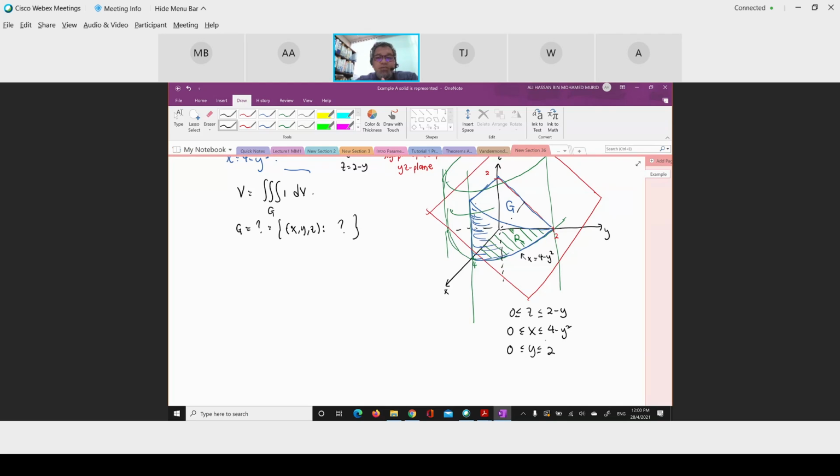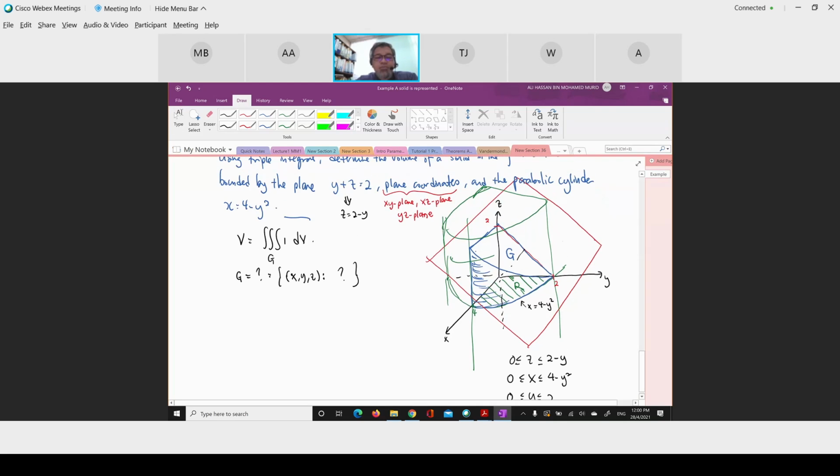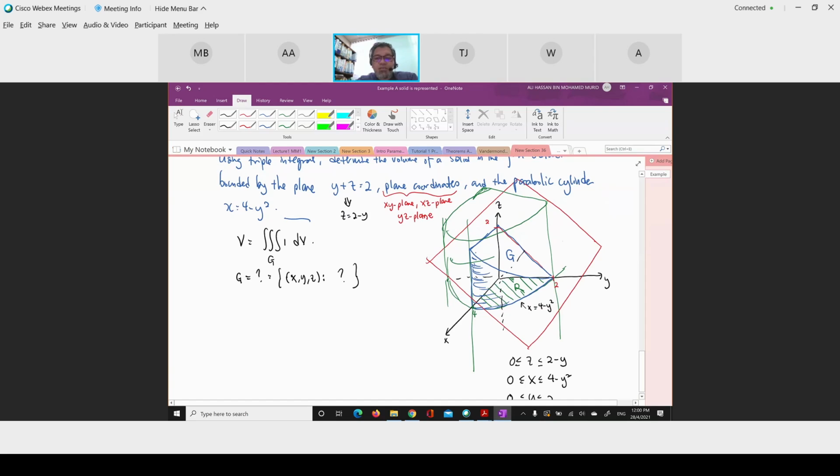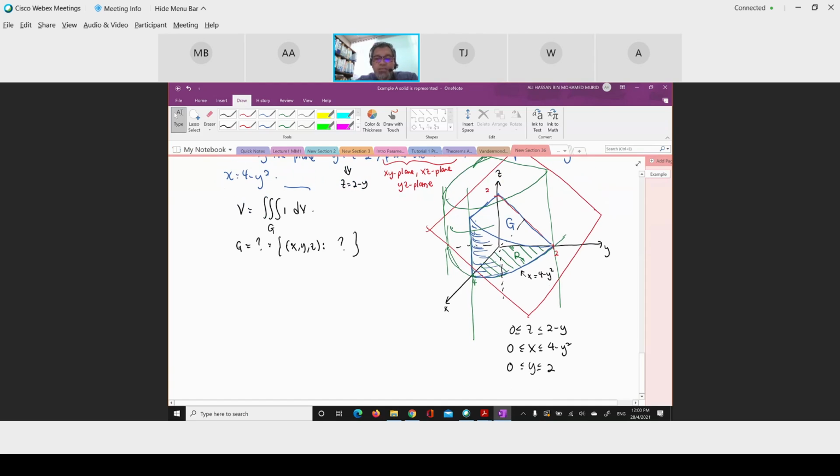In a test or the final, sometimes a student solves this problem without giving a sketch, yet gets x, y, z correctly. That's fishy to me. How in the world did the student get these bounds without even a sketch?